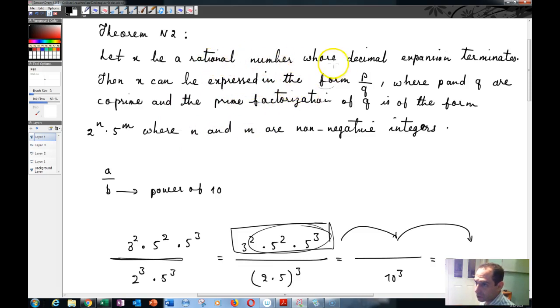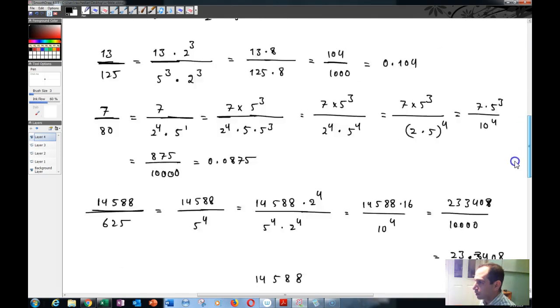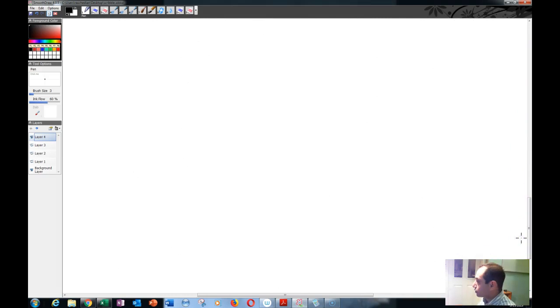It means that any rational number that can be expressed in the form p by q, where p and q are co-prime, and the prime factorization of q is of the form 2 raised to the power n times 5 raised to the power m, where n and m are non-negative integers, the decimal expansion of that number is going to be terminating. And that's basically the next theorem over here.